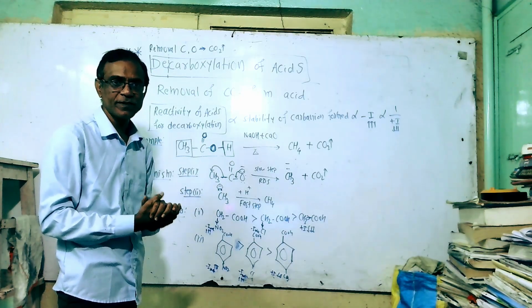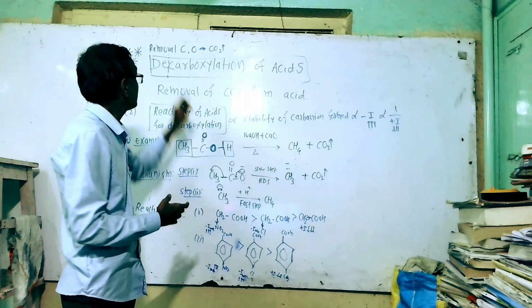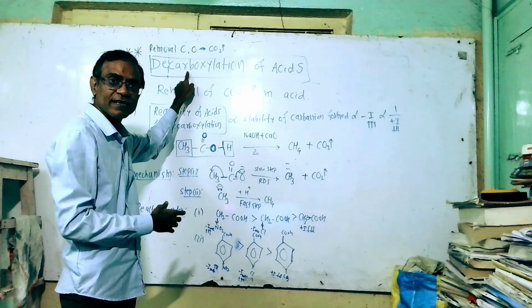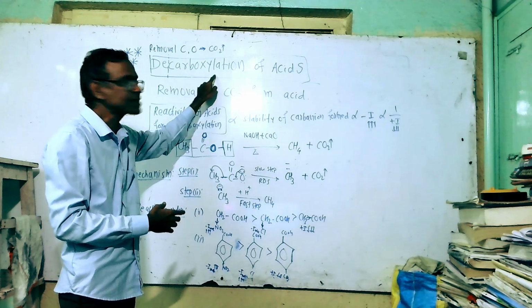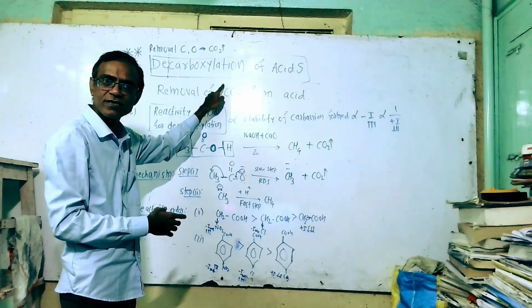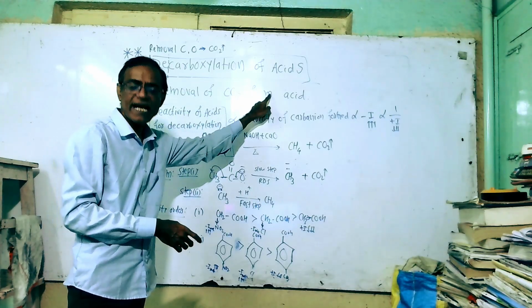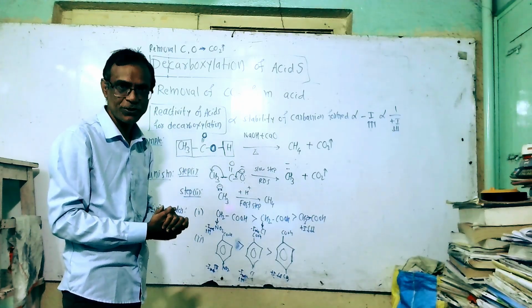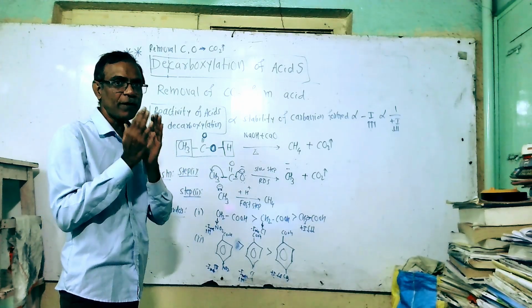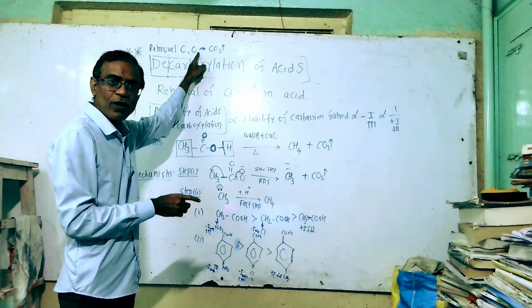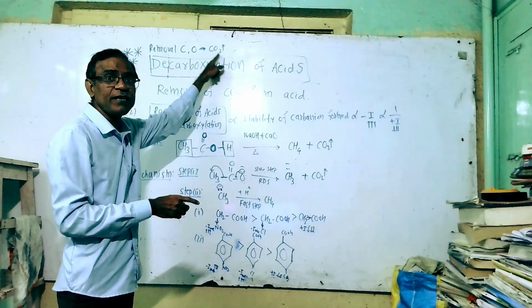D means removal. Carb means carbon. Ox means oxygen. Removal of carbon and oxygen from acid is nothing but said to be decarboxylation. But carbon and oxygen is removed from acid in the form of CO2.